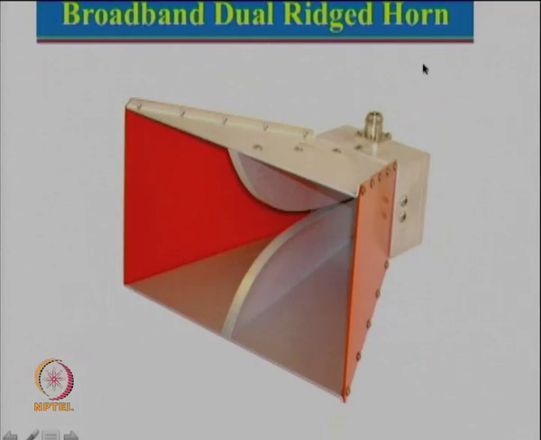Now these kinds of antennas have been designed for very broadband operation, and are commercially available for bandwidths from 1 to 12 gigahertz, or even 1 to 18 gigahertz or 2 to 18 gigahertz. We have also seen very large horn antennas which are matched from 300 megahertz to 3 gigahertz.